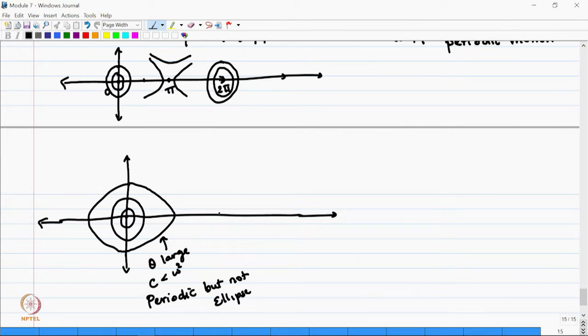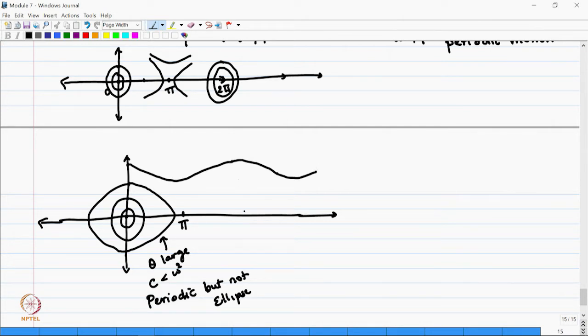Now this is what it looks like, and then you have pi, and what you have is if c is greater than omega square, then theta can take any values and you will get solutions that look like this.